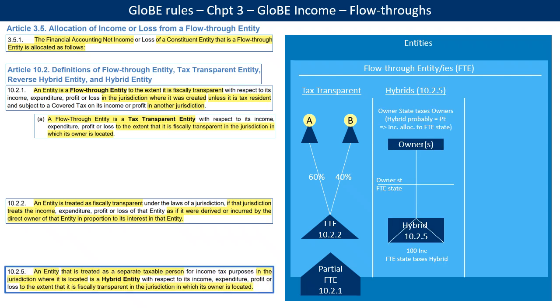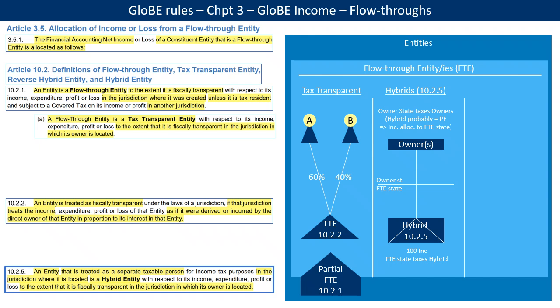The next category of entities that we need to look at are hybrid entities. And if we start at the bottom left of the slide and we look at 10.2.5, then we see that 10.2.5 says an entity that is treated as a separate taxable person in the jurisdiction where it is located is a hybrid entity to the extent that it is fiscally transparent in the jurisdiction where the owner is located.